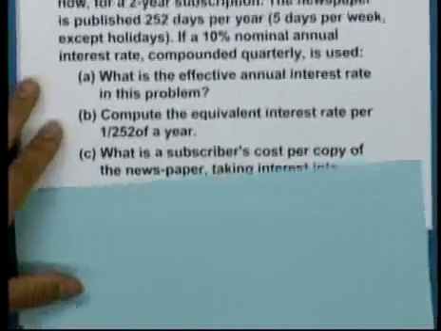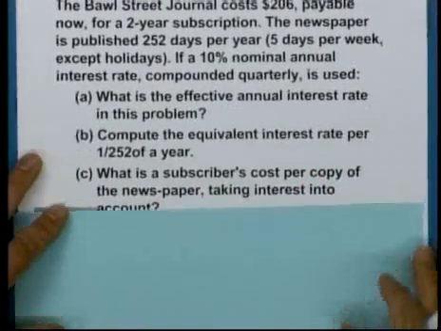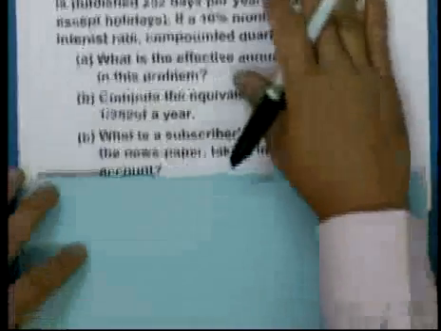Okay, then how about Part C? What is a subscriber's cost per copy of the newspaper, taking interest into account?